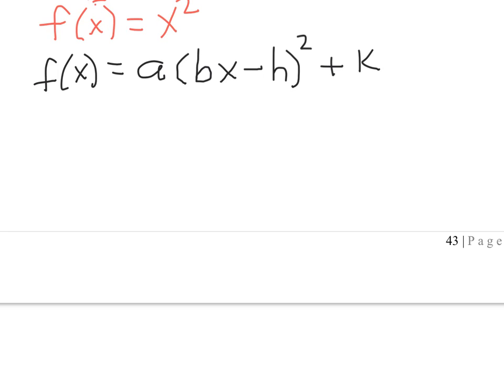All right, so if you have an A transformation, there's three things that can happen. You can have an A that's greater than 0. And when this happens, this is a vertical stretch by A, because remember we said A does vertical stuff.